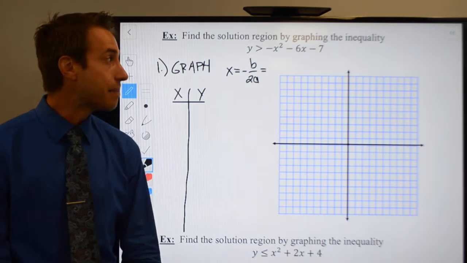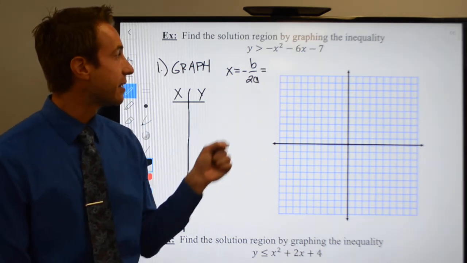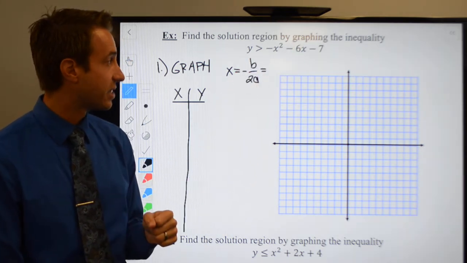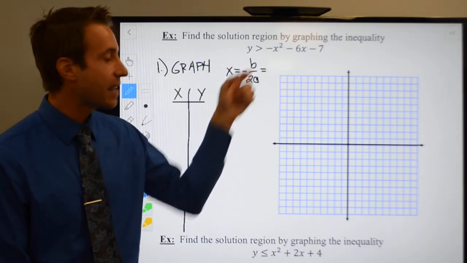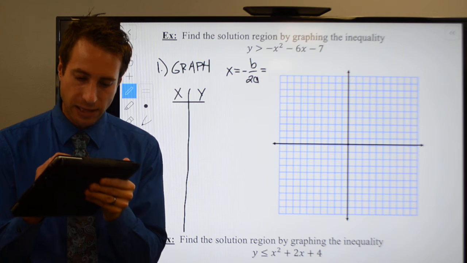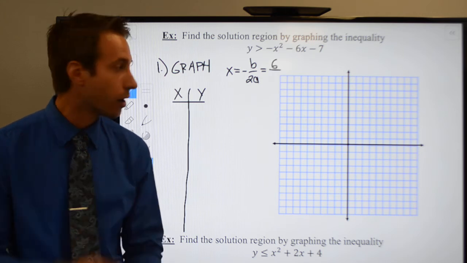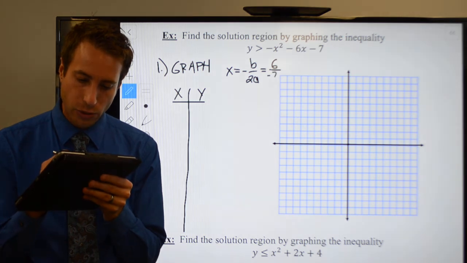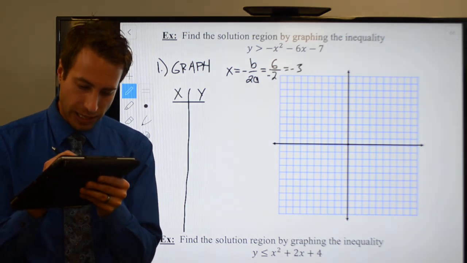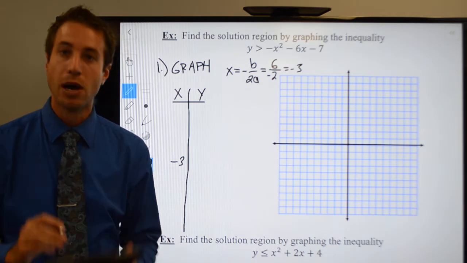In my case, since my b is a negative 6, that'd be a negative 6. My a is a negative 1. The negative signs cancel each other out, leaving a positive 6. So I'd have 6 over 2 times a negative 1, which would be a negative 2, and I wind up with a negative 3. So that's going to be the first value in my chart.